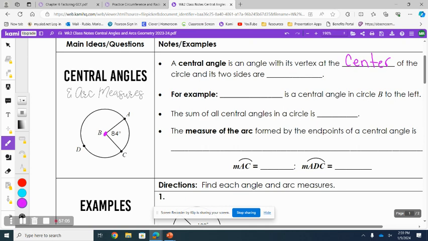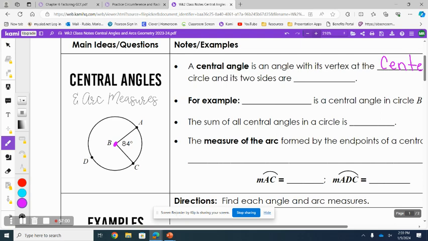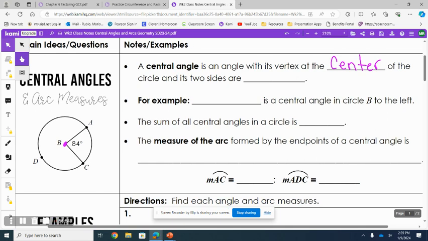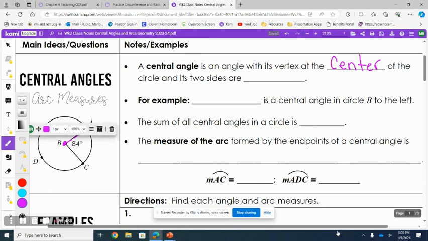Okay, so guys, look up here. Let me see if I can do it one more way. Okay, take a look. If the vertex of the angle, so the vertex means where the 2 sides meet, is at the center, this is the center of a circle, what does that make these lines?